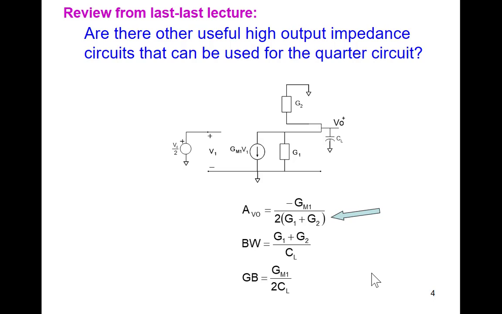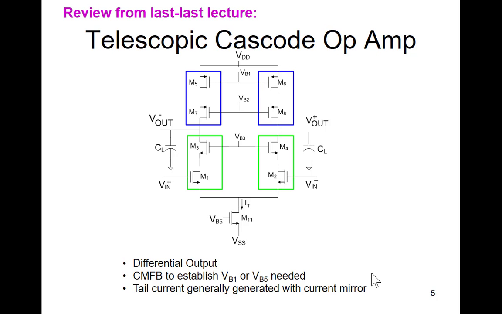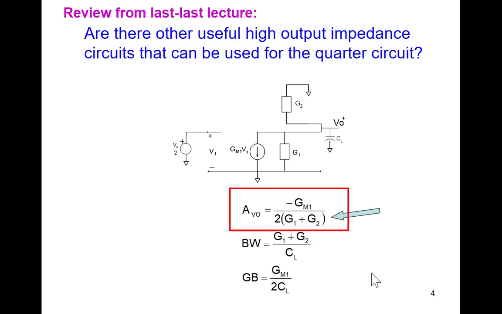Recall also when we decided to look at trying to increase the gain of the op-amp, we went back to the quarter circuit and asked the question, what can we do in the quarter circuit to increase the gain? Because the op-amp parameters were almost identical to those of the quarter circuit. And last time we looked at the Cascode circuit.